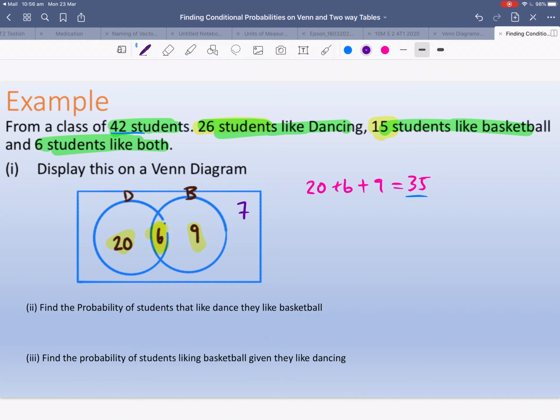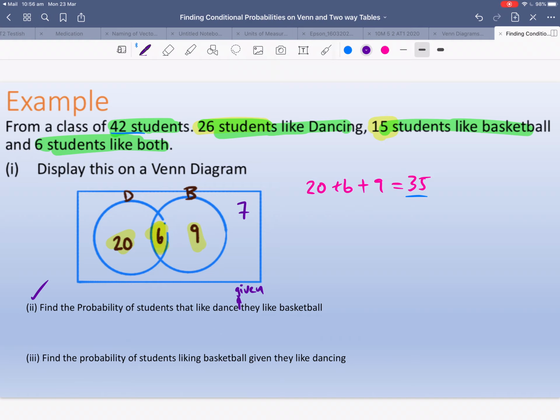Now, hopefully you understand this. If not, you have to go back to the lesson on Venn diagrams. But now we are looking at some questions. Question 2: find the probability of students that like dance given they like basketball.